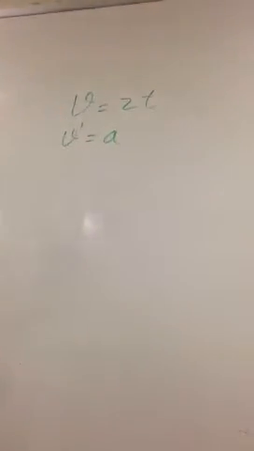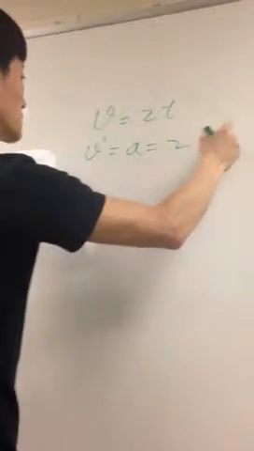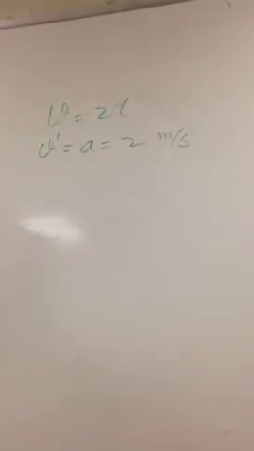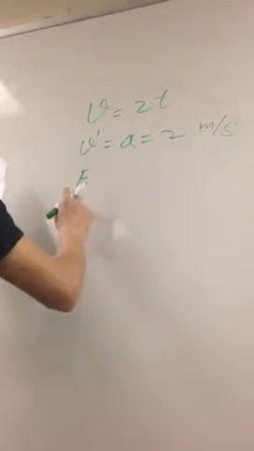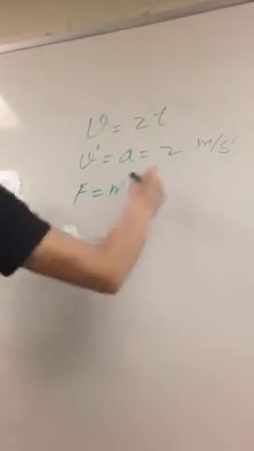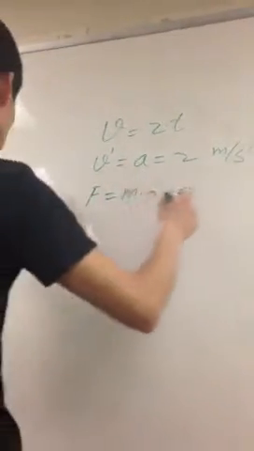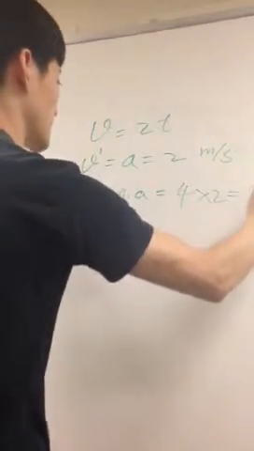And the derivative will be the acceleration, which is 2 meters per second squared, right? And then from this we can calculate the force, because the force is ma. And we know it's 4 kilogram times 2, 8 Newton.